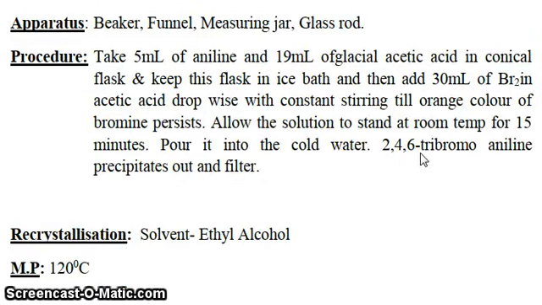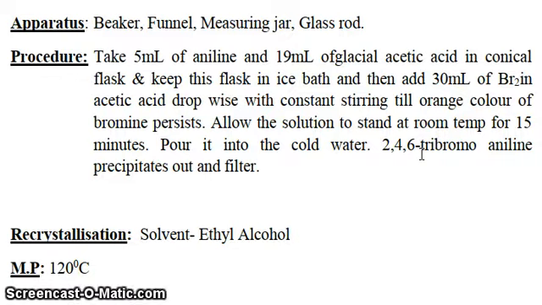What is the procedure? Take 5 ml of aniline and 90 ml of glacial acetic acid in a conical flask and keep this flask in an ice bath, and then add 30 ml of Br2 in acetic acid drop-wise with constant stirring till the orange color of bromine persists.